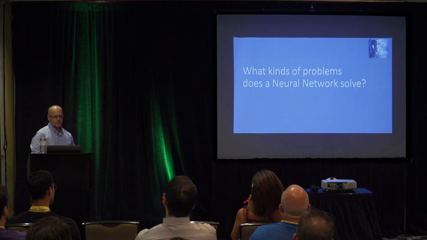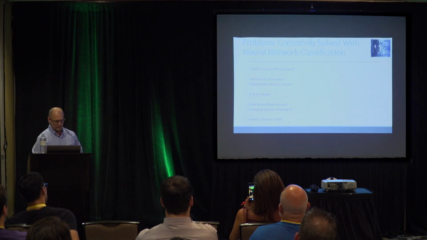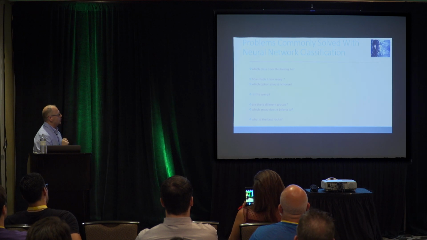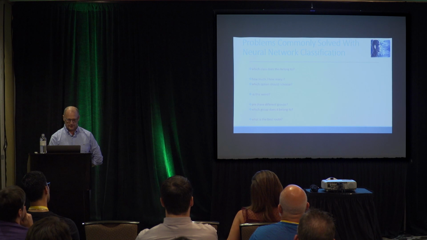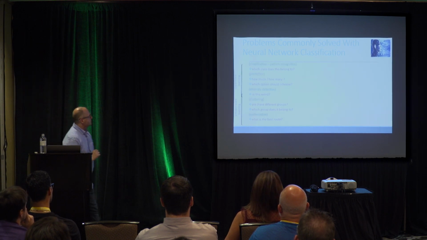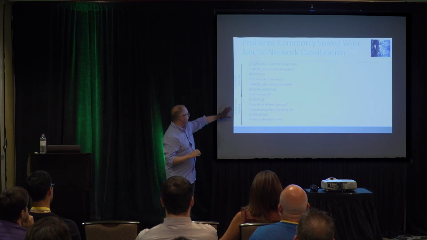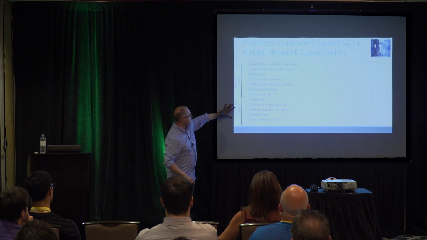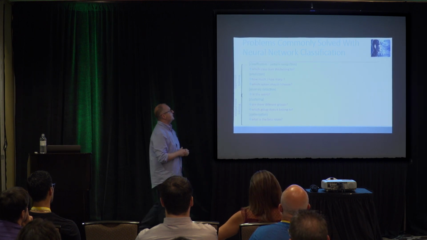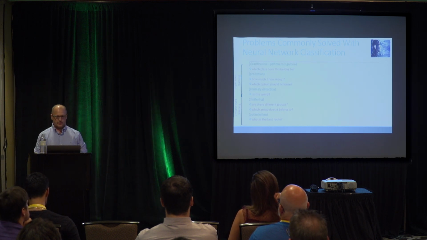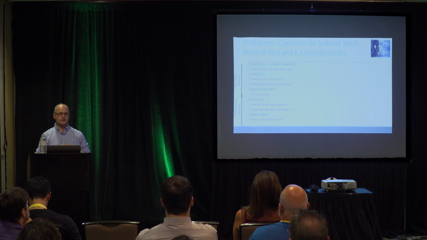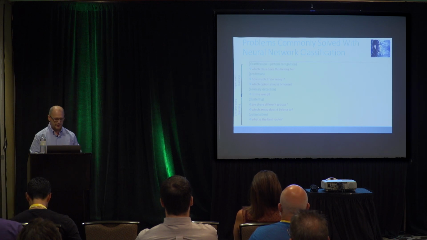So what kind of problems do neural networks solve, right? Well, if your problem can be answered by this question, most likely you can use a neural network. I hope for the back of the room you can read. This is the unsupervised kind of problem you can solve. This is supervised. There's the classification, for instance, when you try to group some sort of information, maybe to figure out if your email is spam or not, right?